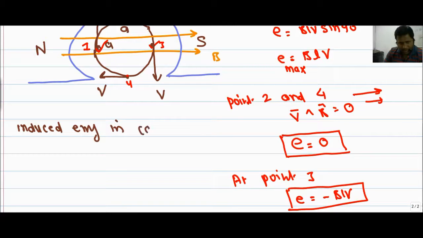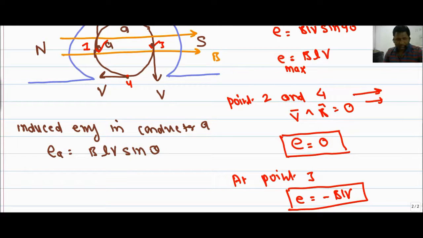in conductor A is E_A equals B L V sin theta, that is B L V sin 90.